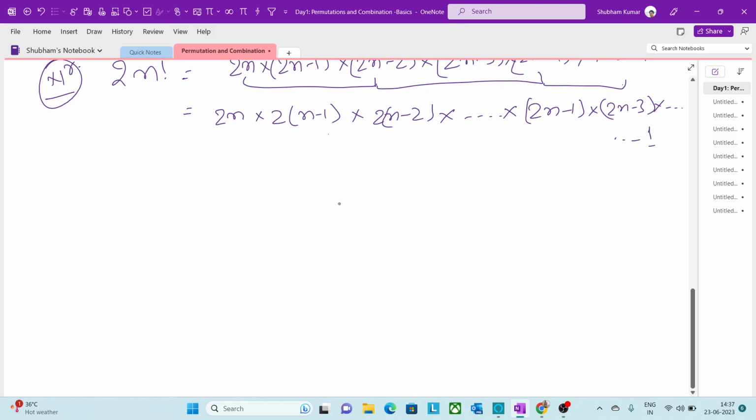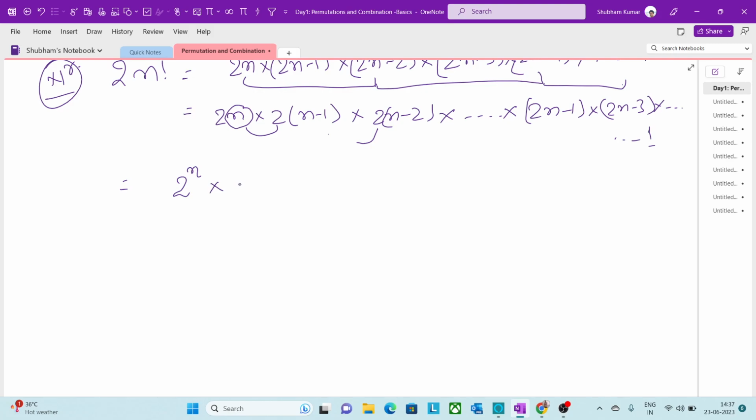So now when we take out these 2s as a common factor, basically these 2s are multiplied n times, so 2 to the power n.